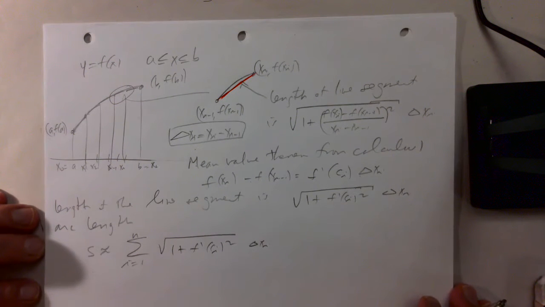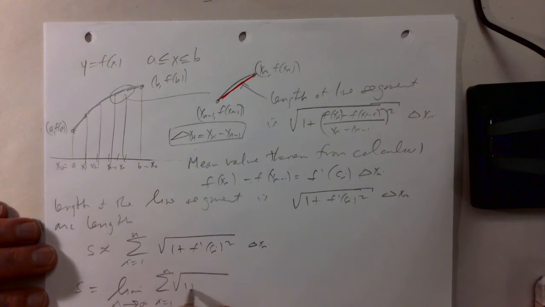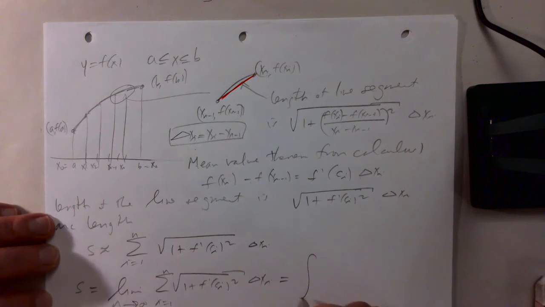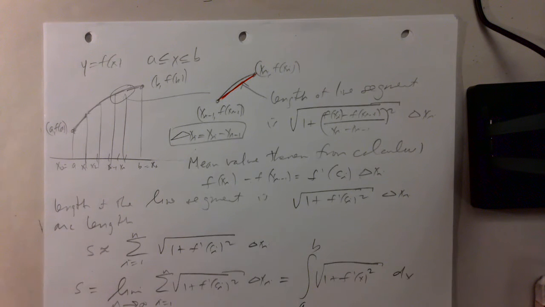So this should look very much like the definition of an integral if we take the limit as n goes to infinity of these sums. This is exactly the integral from a to b of the square root of 1 plus the derivative squared dx. And that is the formula for arc length.